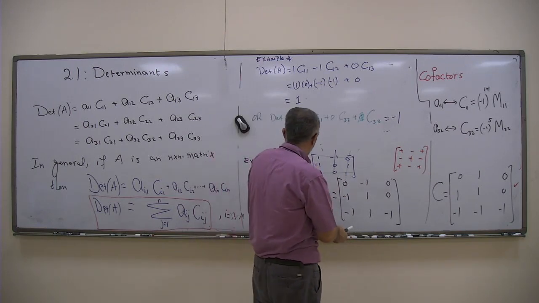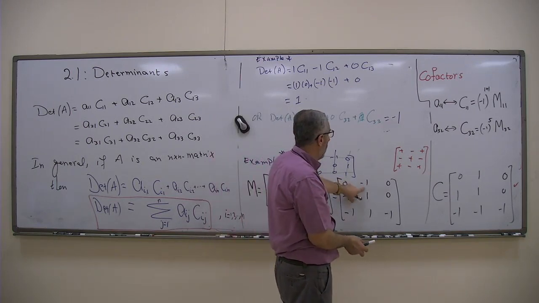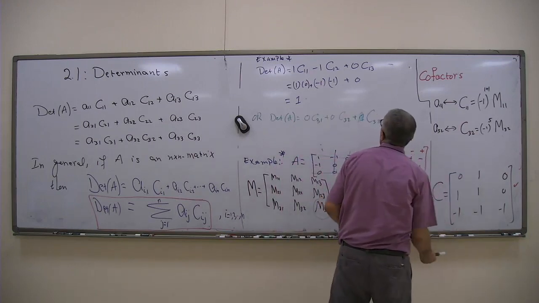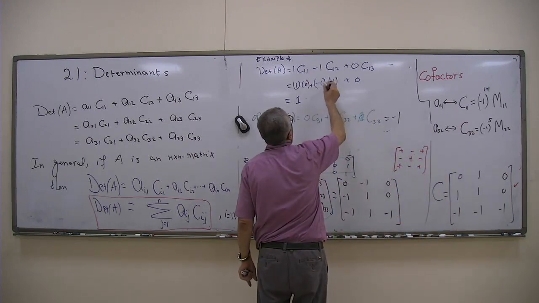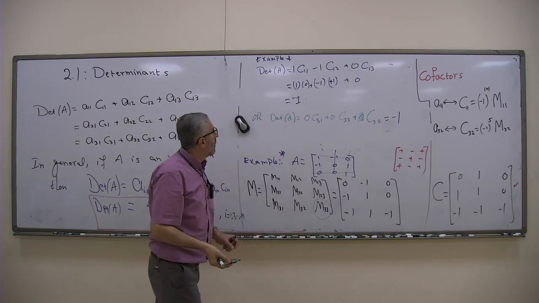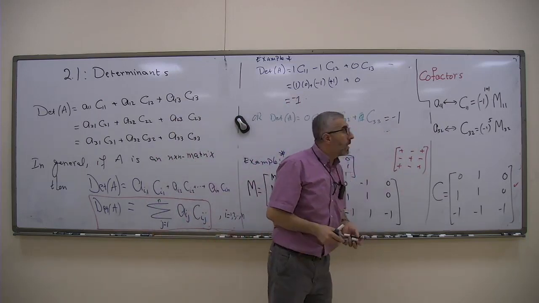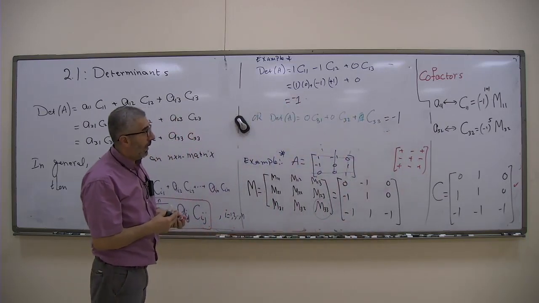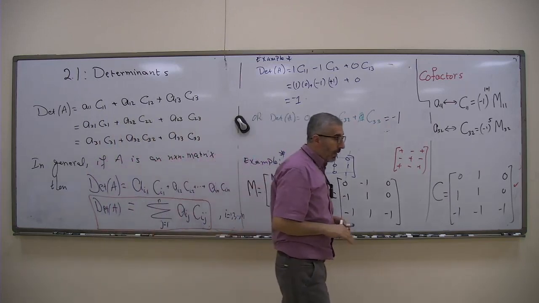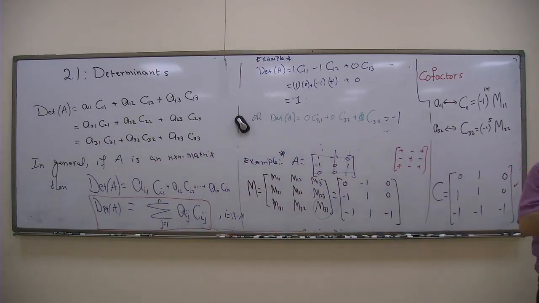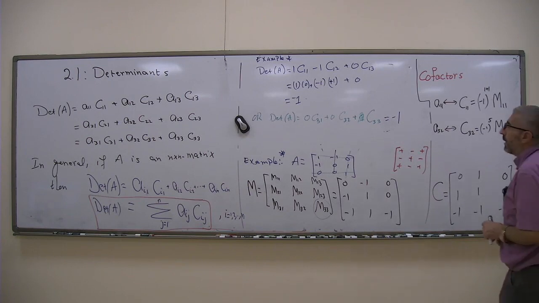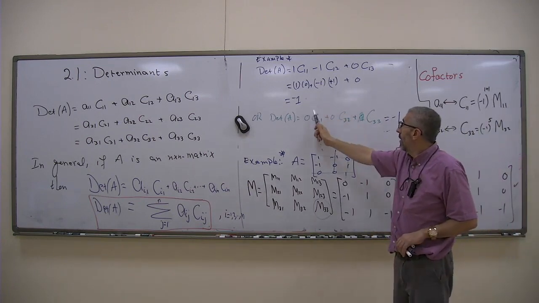The minor is negative 1, so that is negative 1, and now it becomes 1, so that is 1. So here there is a negative sign. So as you can see here, we are getting the same answer. We have to get the same answer, okay? And we can prove that in general. It doesn't matter which row you use, you should get the same answer. And if you are not getting the same answer, it means you are making a mistake somewhere.